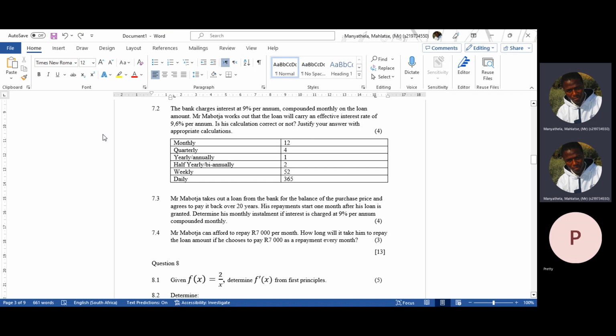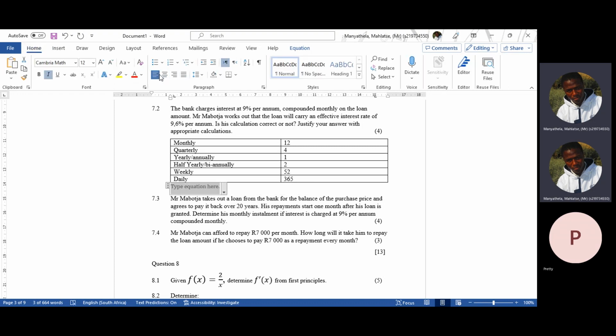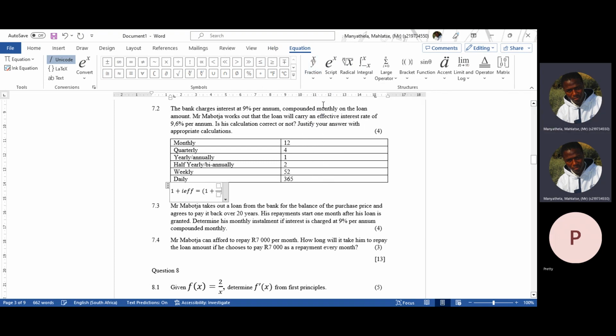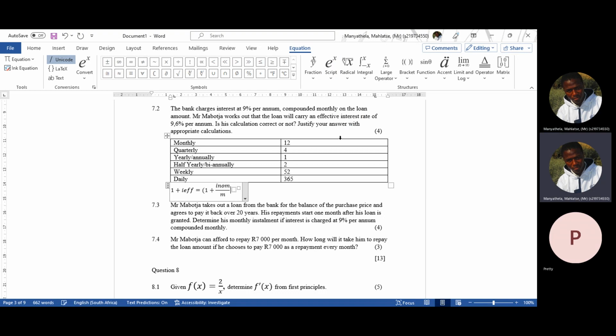The formula for effective interest rate is 1 plus i_eff equal to, in brackets, 1 plus the nominal interest rate over m, to the exponent m. So m comes from these values.